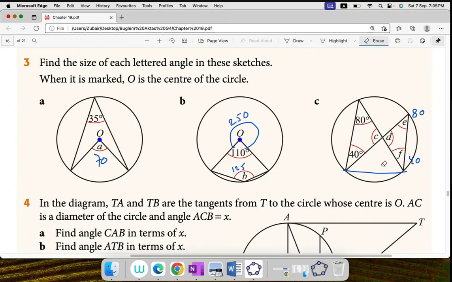So they are angles in the same segment, that's 80, that's 40, and now we can work out C and D. It's 60. 60.